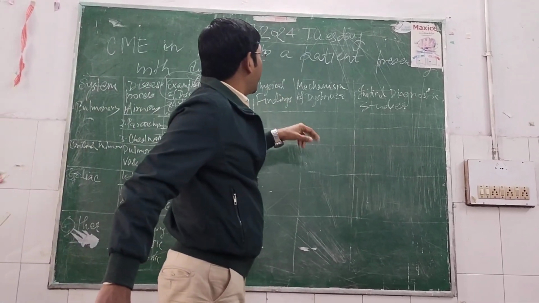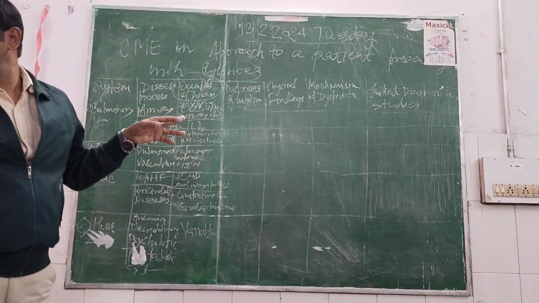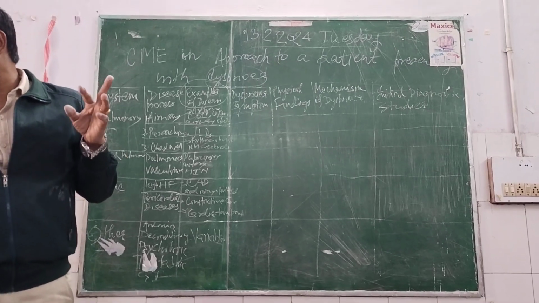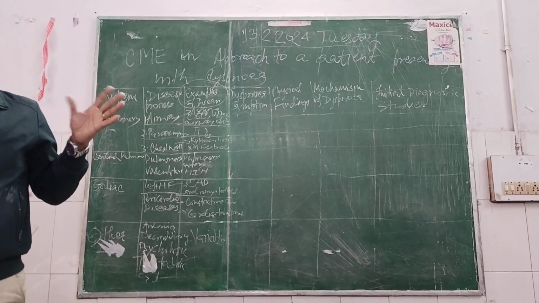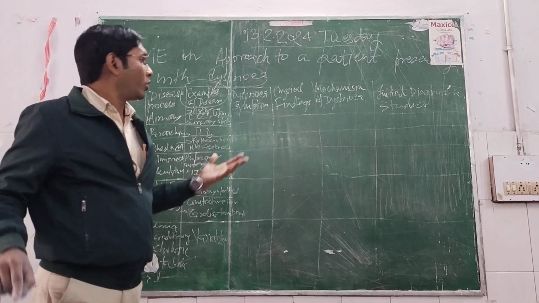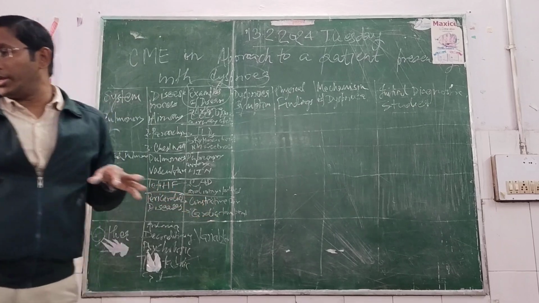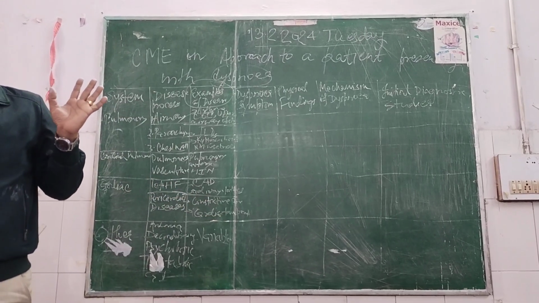And mechanism of dyspnea. Again, the mechanism of dyspnea in chest wall disease is increased work of breathing, because patient has to exert more, that's why he feels dyspnea, and there might be increased pulmonary receptor sensitivity.